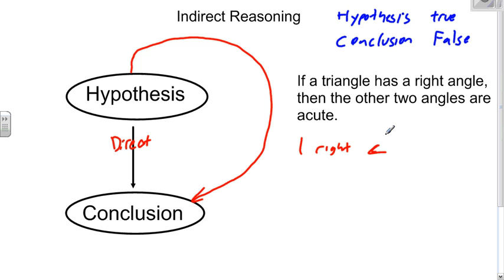The conclusion is that the other two angles are acute. The negation would be the other two angles are not acute. So that could just mean that one of them could be acute, but the other is not, at least. So that means there's one angle that is greater than or equal to 90 degrees, and then one angle that could be anything.